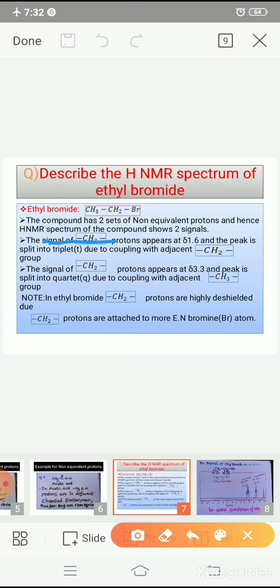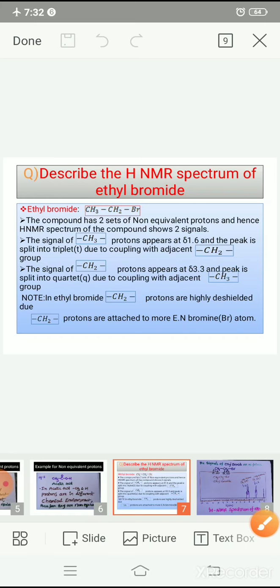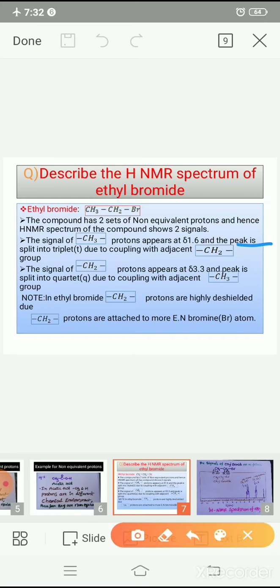The signal of CH3 protons appears at delta 1.6 and the peak is split into a triplet due to coupling with the adjacent CH2 group. Here, these CH3 protons will split into a triplet. Why?